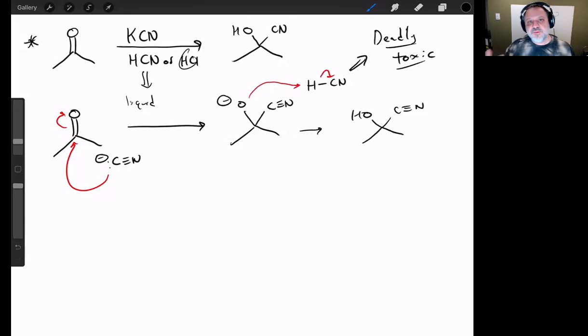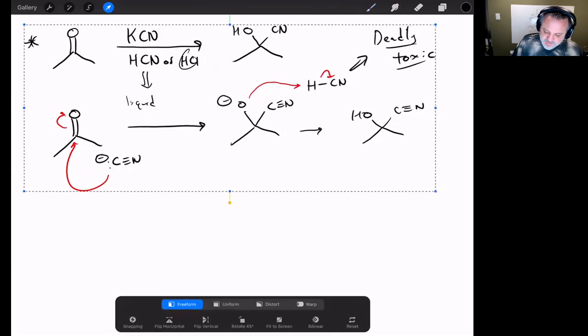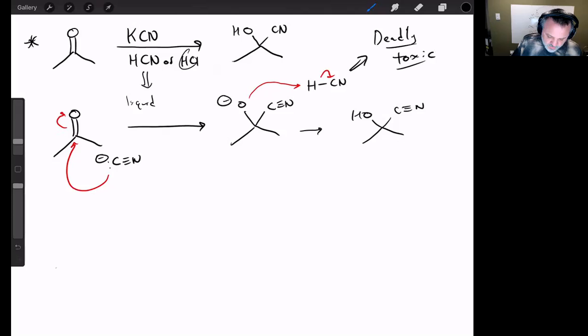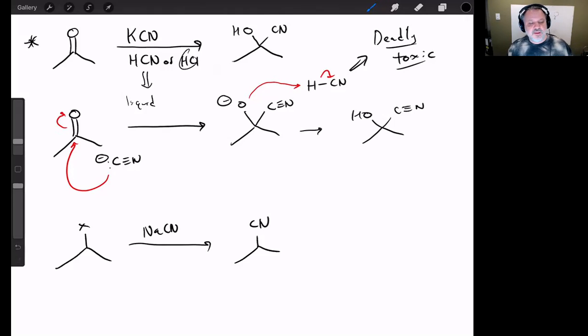Now, the reason why we've been waiting for our entire organic chemistry career is that we talked a lot about substitution way back in Orgo 1, that if we did a substitution reaction with CN, then we can put a CN group on a carbon chain.